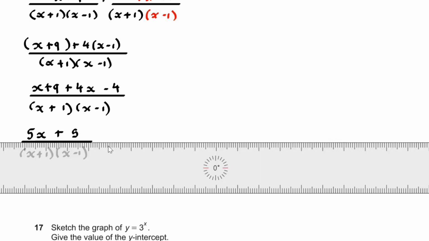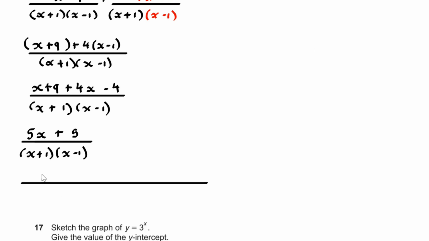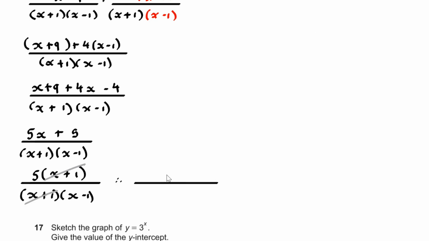And therefore, we'd have 5 lots of x plus 1 over x plus 1 lots of x minus 1, which we can cancel the x plus 1's, leaving us with, over here, 5 over x minus 1.